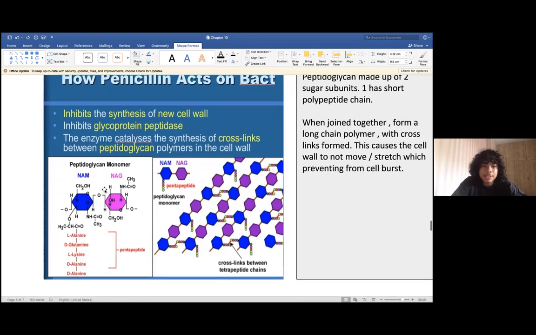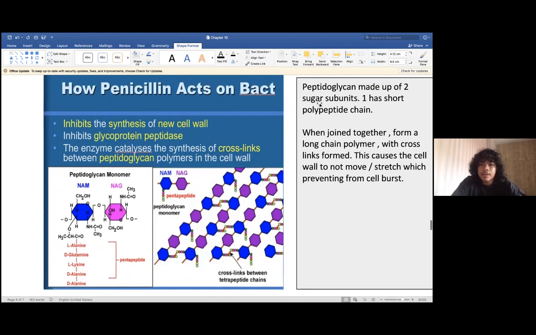As you can see, a bacterial cell wall is made up of peptidoglycan. A peptidoglycan monomer is made up of 2 sugar subunits, and one of the subunits has a short polypeptide chain.